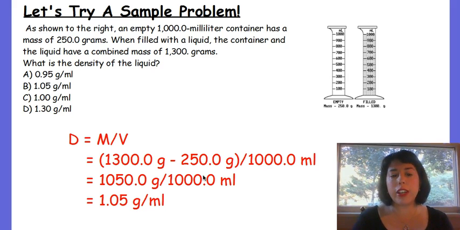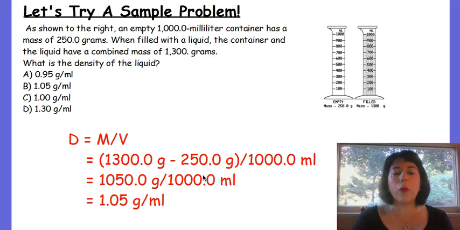Taking my equation for density, it's going to be density equals mass over volume. Now I have to find the mass of the liquid. I know that the graduated cylinder has a mass of 250, and then the graduated cylinder and liquid have a mass of 1,300. So if I take 1,300 and subtract the mass of the graduated cylinder, I'll get the mass of just the liquid.